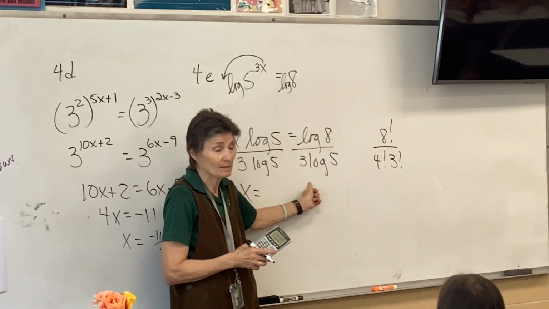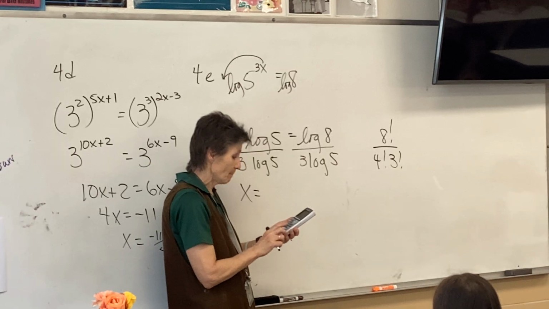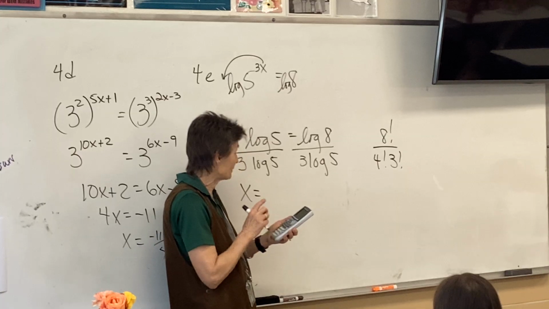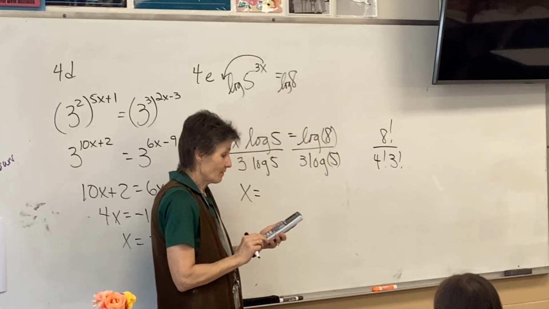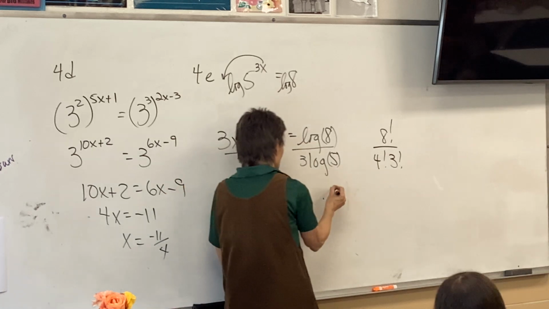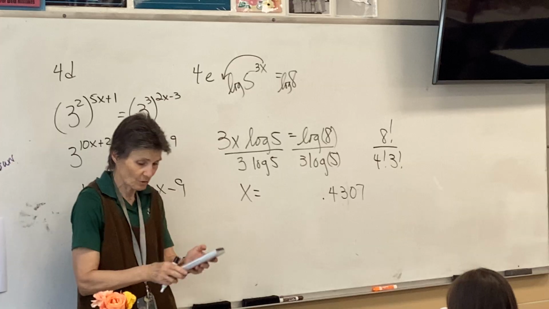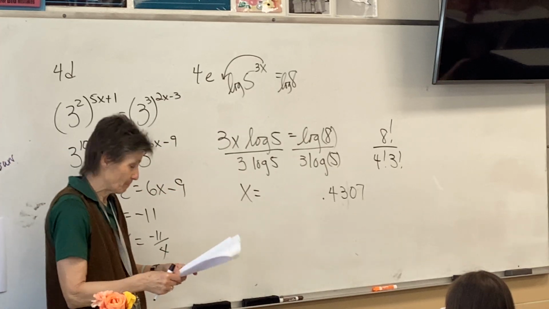It's the same thing. So it's log 8 divided by 3 divided by log 5. Make sure you're closing the parentheses around your numbers. Log 5. Make sure you're getting 0.4307 as your answer. If you got that, you typed it in right.